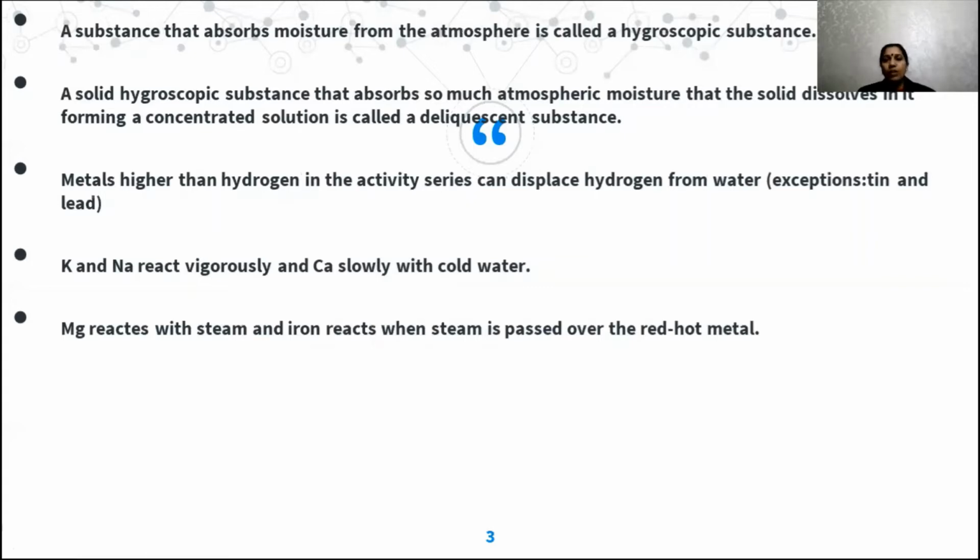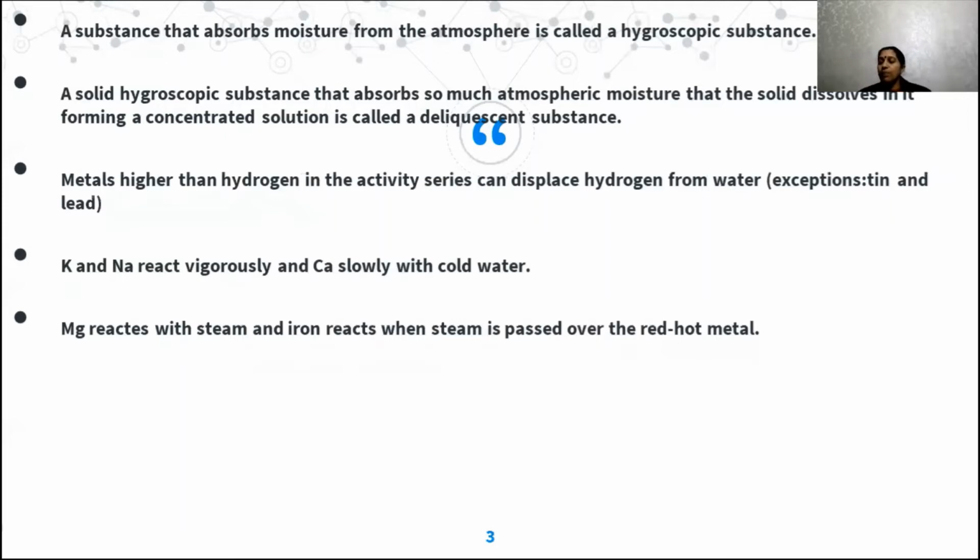What is the speciality of a hygroscopic substance? It is a substance that absorbs moisture from the air or from the atmosphere. I repeat, a substance that absorbs moisture from the atmosphere is called a hygroscopic substance. Some examples are already mentioned in Table 8.3.